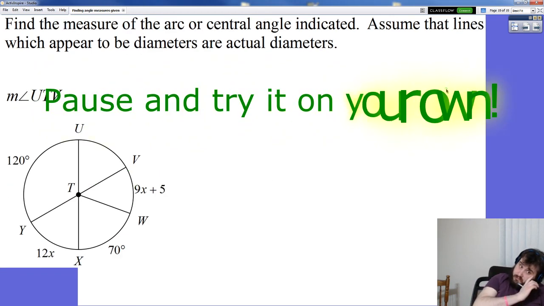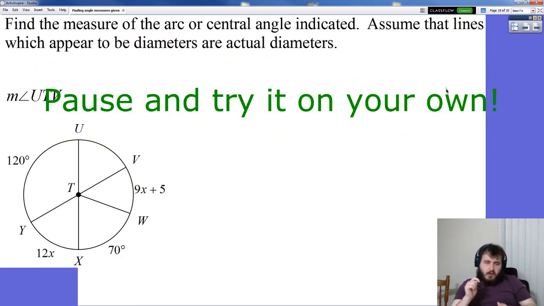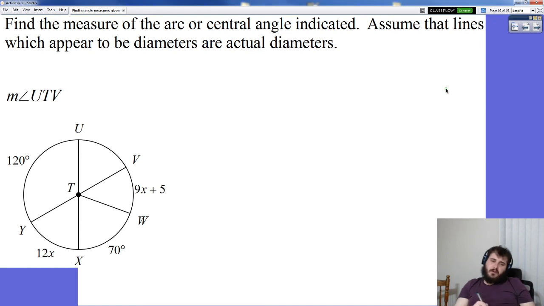One more. We're looking for UTV. See if we can figure it out together. All right. Well, let's do it. Here's the thing. We can add around. We don't know what all these are, but we do know that we've got a diameter right here.